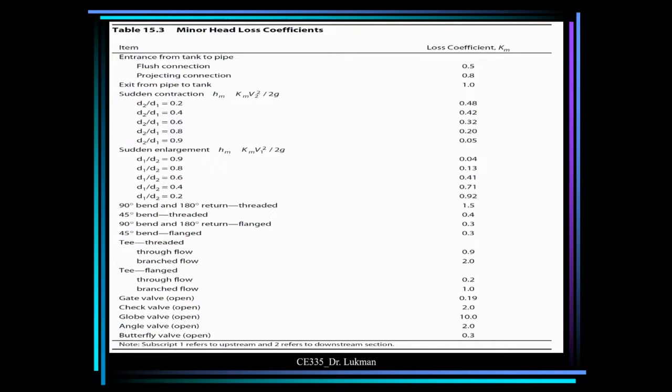Sudden enlargement, 90 bend and 180 return threaded, 45 bend threaded, tee threaded, through flow, branched flow, tee flanged, and all the different valves: globe valve, angle valve, gate valve, check valve, butterfly valve. All these are the loss coefficients. So we will take an example in which we have to use this table to get some of these coefficients and use them in calculating the total head loss.